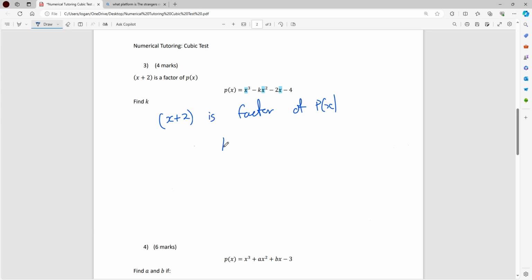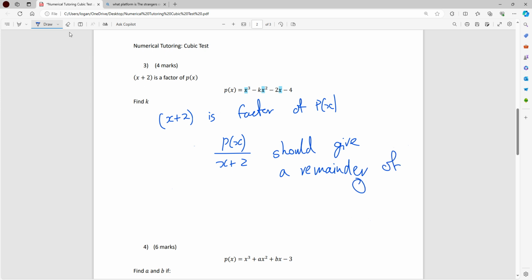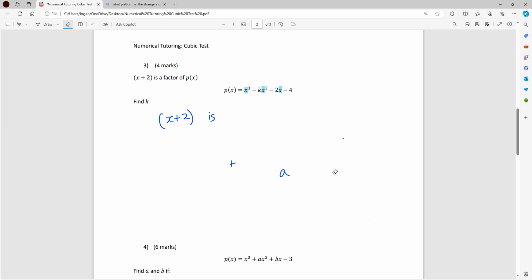Therefore we can just say, alright, p of x divided by x plus 2 should give a remainder of 0. Okay, so what we can do is just get rid of this for now and just set up the long division. Okay, this one probably has a bit more probability of getting it wrong, mainly because with long division, if you stuff up one negative, then all of it will start stuffing up, but it can be done. So I'll show you how to do it as well.